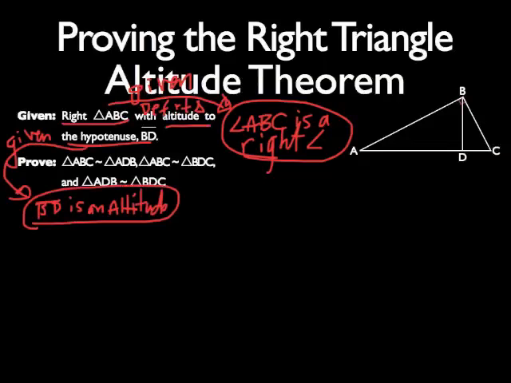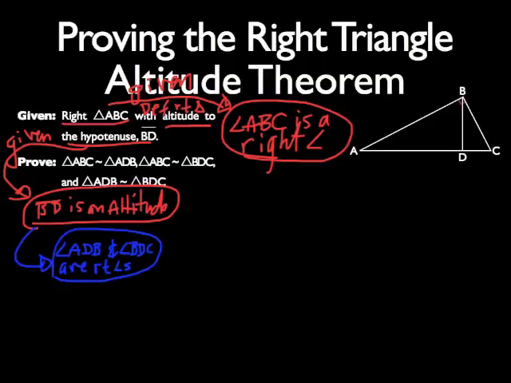But the fact that segment BD is an altitude actually gives us a couple pieces of information that's very handy. And that is that angle ADB and angle BDC are also right angles. And the reason for that is because altitudes have to be perpendicular, so that's the definition of altitude. So we know that we have a couple of right angles up here.